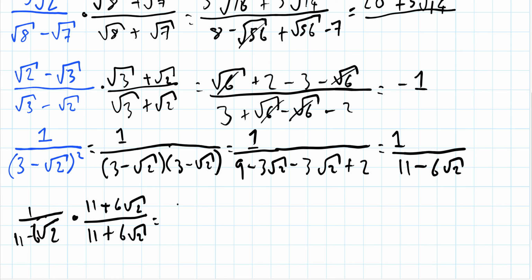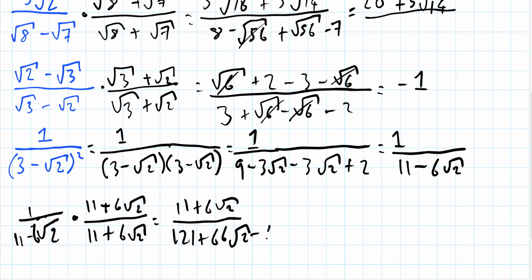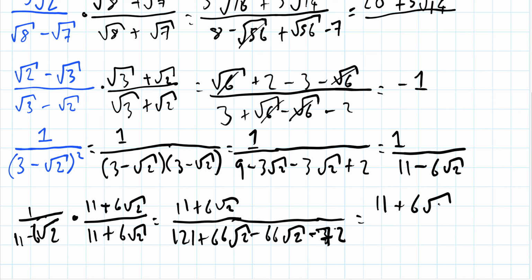That will equate to 11 plus 6 square root 2 on top over 11 times 11 is 121 plus 66 square root 2 minus 66 square root 2, and here the last term, minus 6 times 6 is minus 36, and then square root 2 times square root 2 is 2, so 36 times 2 is going to give me 72, and that equates to 11 plus 6 square root 2.